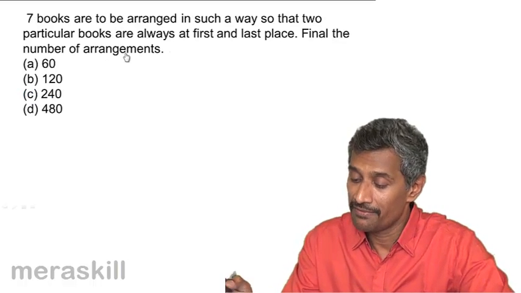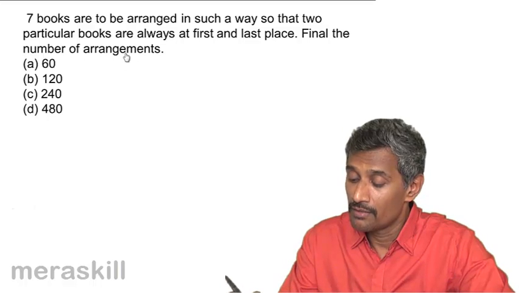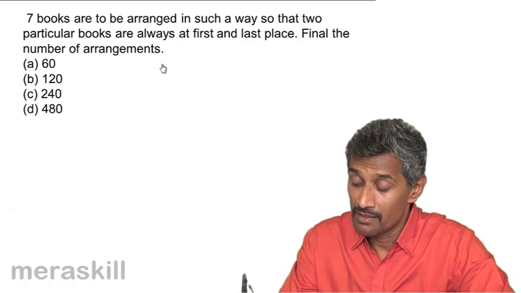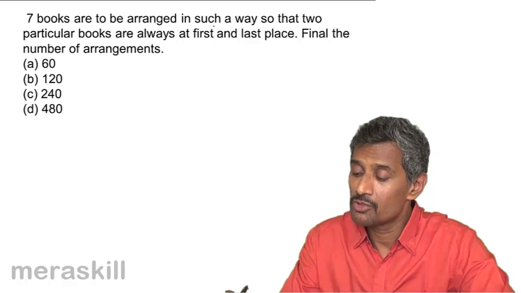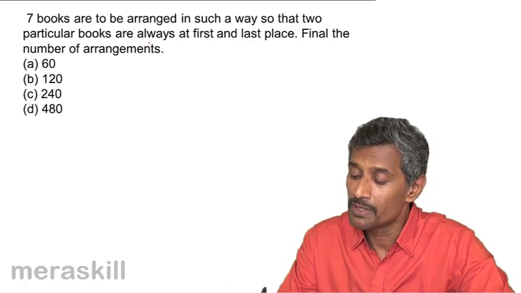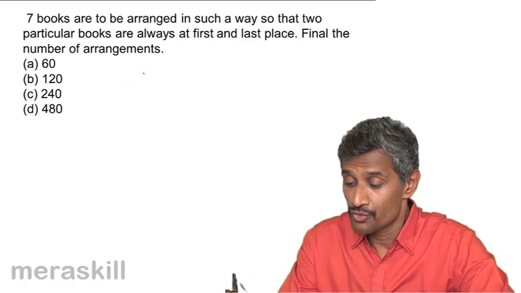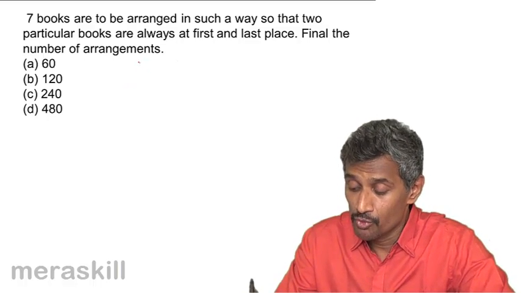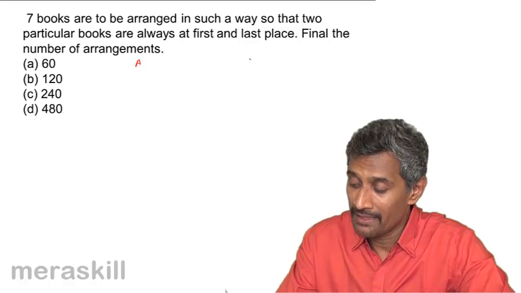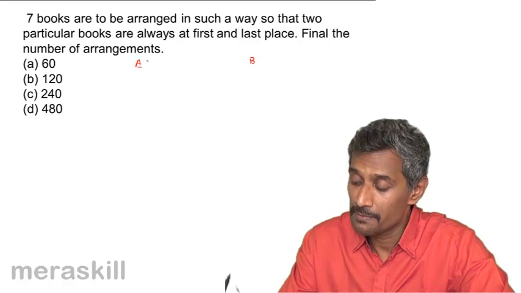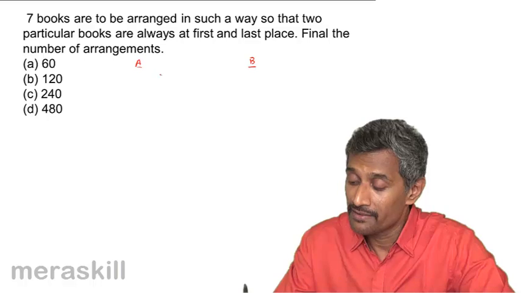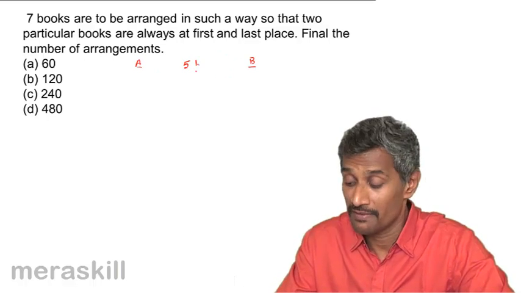Furthermore, we have this case wherein 7 books have to be arranged in such a way that 2 particular books are always at first and last place. So the 2 books could be A and B. They are in the first place and last place, and the remaining 5 are arranged in 5 factorial ways.